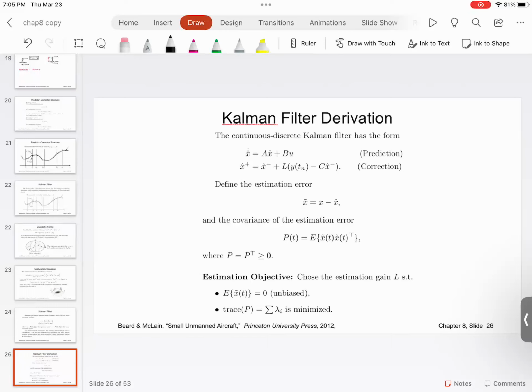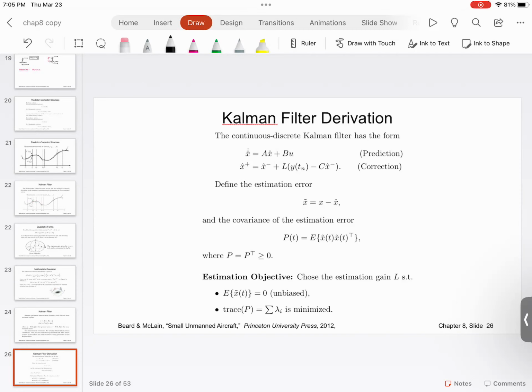What that means is whether my estimates came true or they came false. So that is the covariance of estimation. And then you have some type of an estimation objective.